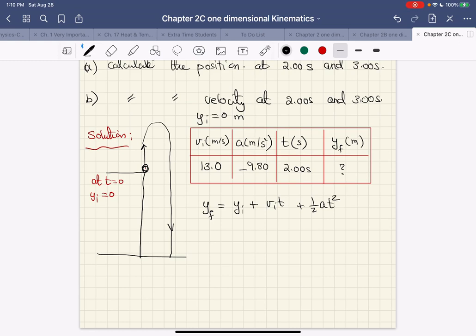That is going to be y final equals 0 plus 13 times 2 seconds plus 1/2 times the acceleration times 2 squared.